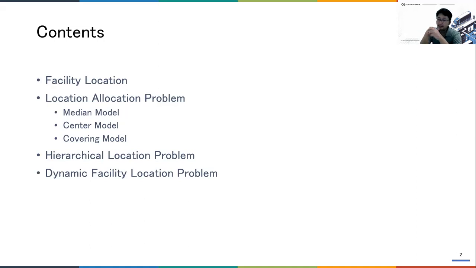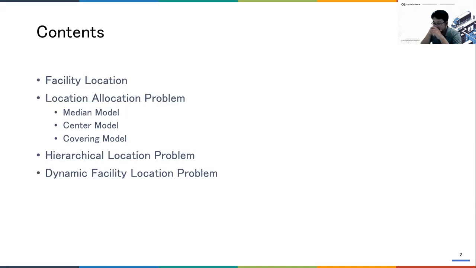Those uncertain factors being considered in this type of problem will add more complexity to the decision that you are going to make.